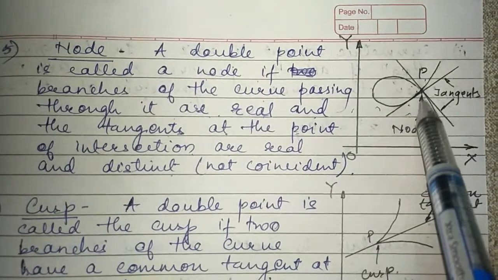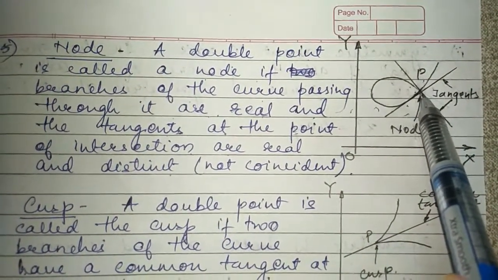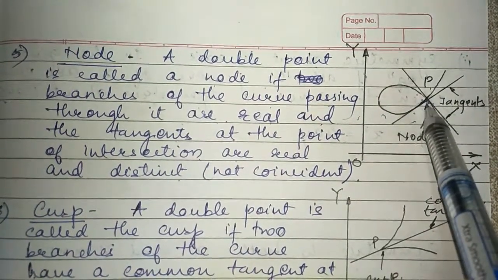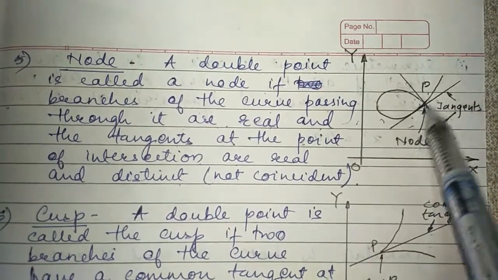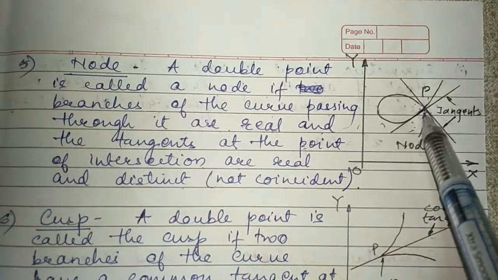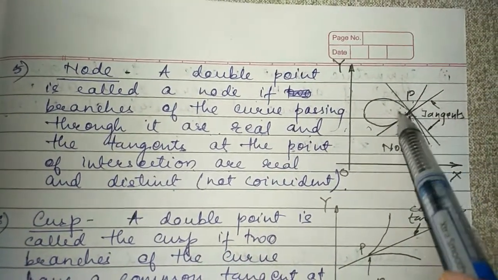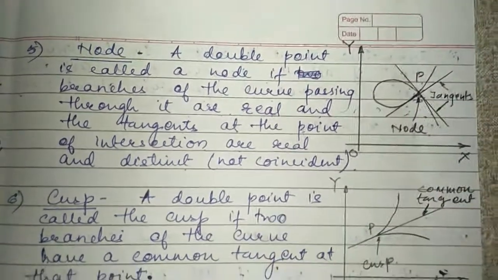You can see here, this is the double point because two branches of the curve pass through this point. The branches of the curve are real. At this point of intersection, the tangents are real and distinct because we have two different tangents here at this point. So such a point is known as the node.